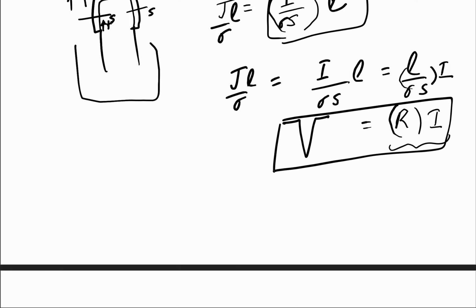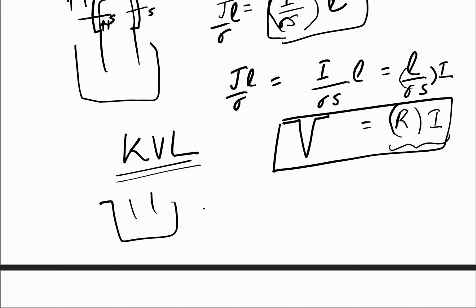So this is Kirchhoff's voltage law, which states that the voltage drop along a loop across the resistances is equal to the EMF in that circuit. Now let us say there are more than one battery connected in the circuit.